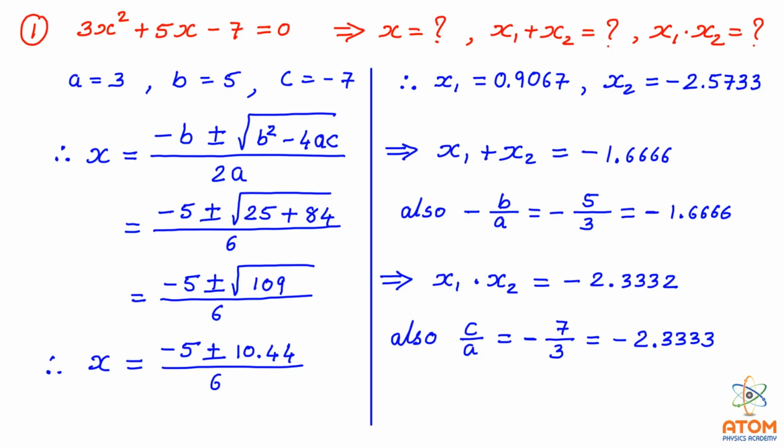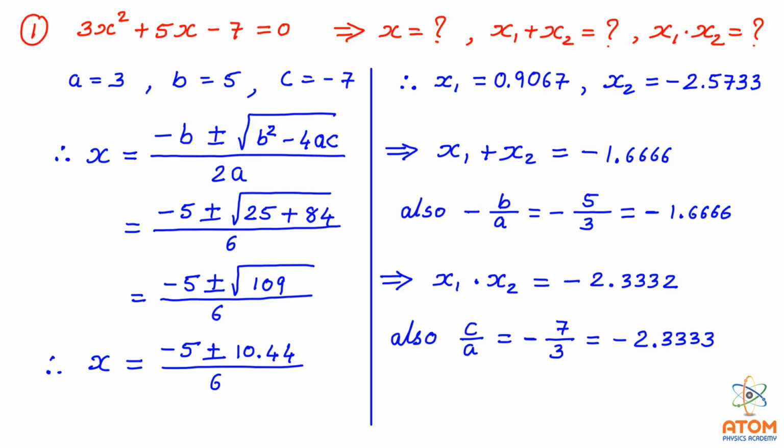So using that, we'll put here minus 5 plus or minus under root of b square is 25, and minus 4ac, minus 4 into a into c. So that will become plus 84. So as a whole this will become now 109, and the root of 109 will be 10.44. So finally x will be minus 5 plus or minus 10.44 divided by 6.